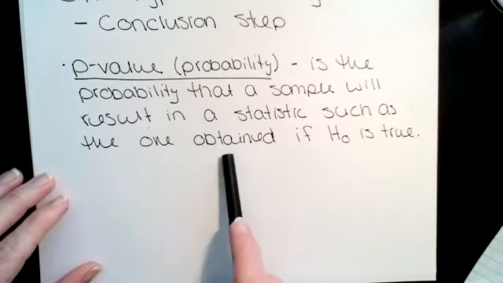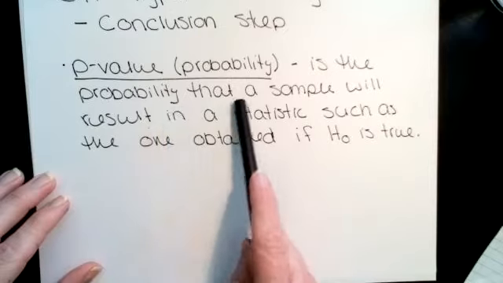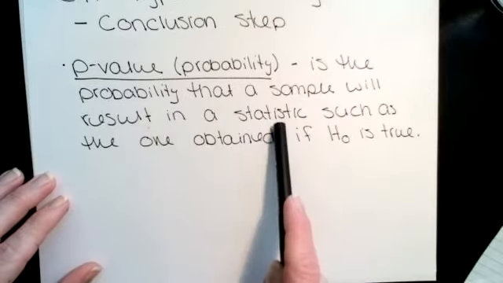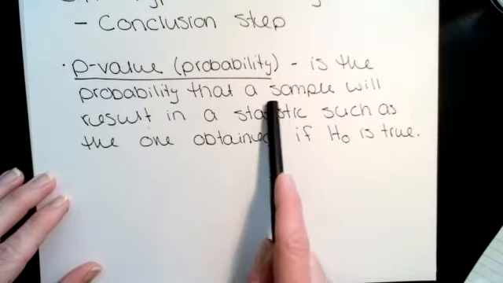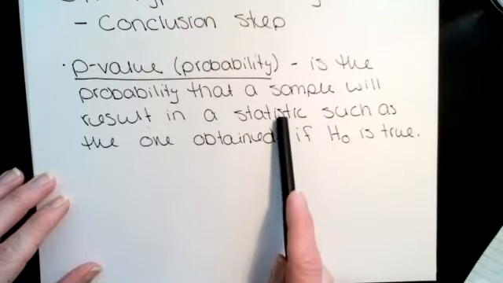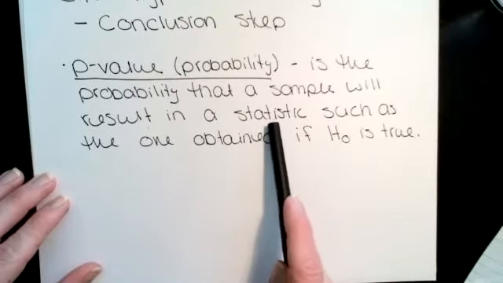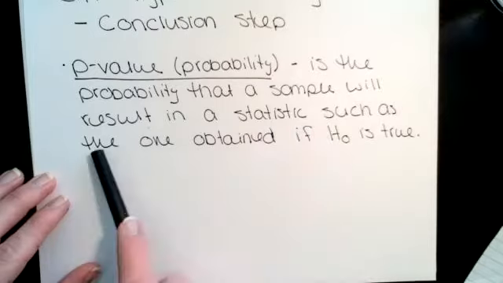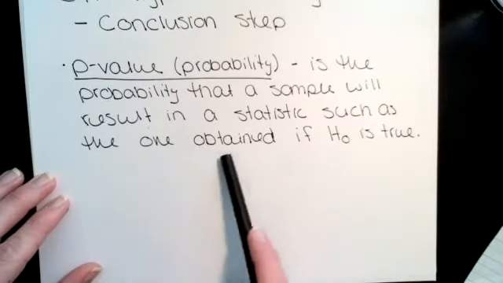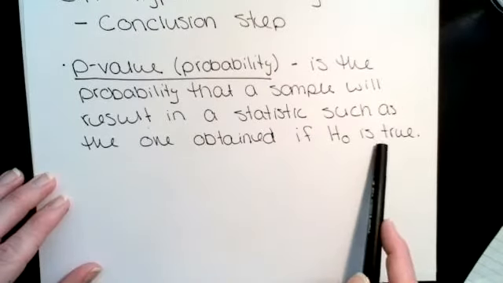And that's all we're saying, that it's the probability that a sample results in a statistic. Remember, a statistic is just a piece of information from the sample. So that means this is my X bar or my P hat. Such as the one obtained, so the one from my first sample, if the null is true.